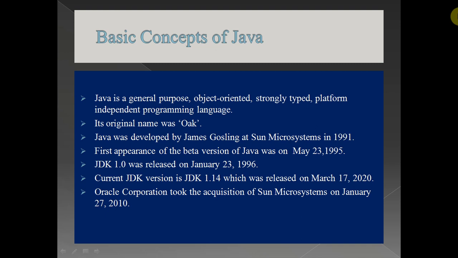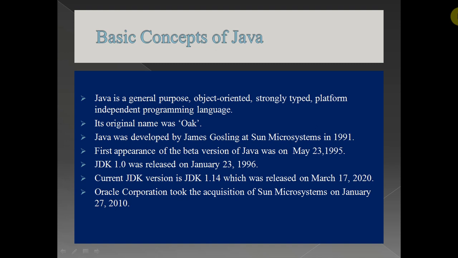Now the current version is JDK 1.14. It was released this year, 2020, on March 17. This year also another version is expected to be released, that is Java 1.15, the next version.